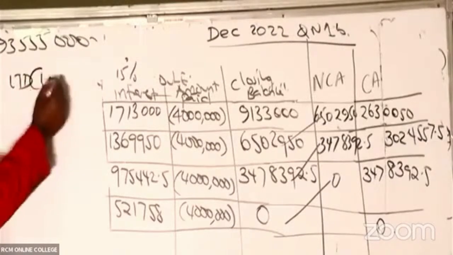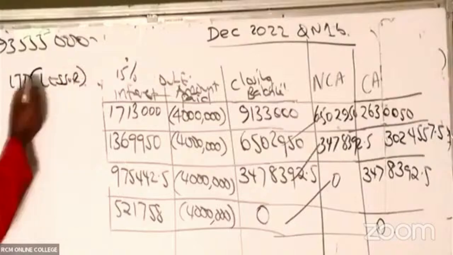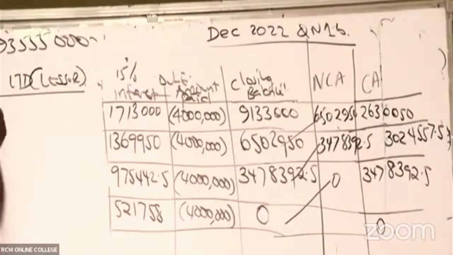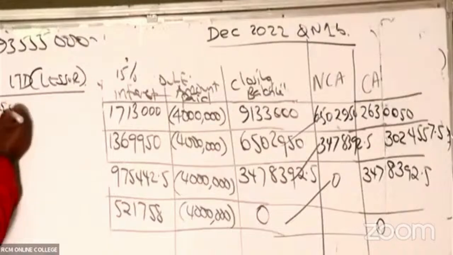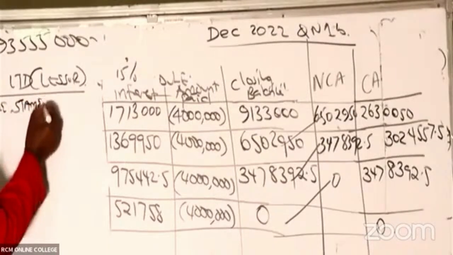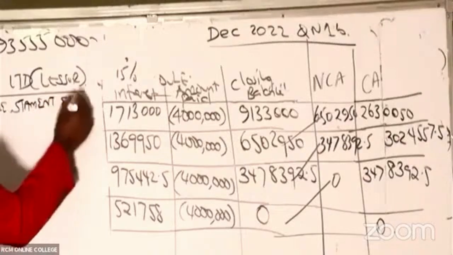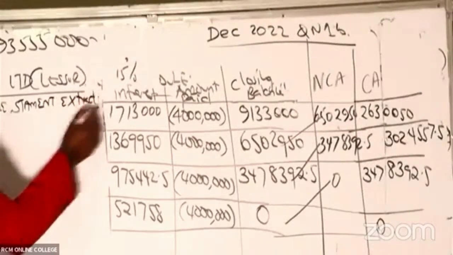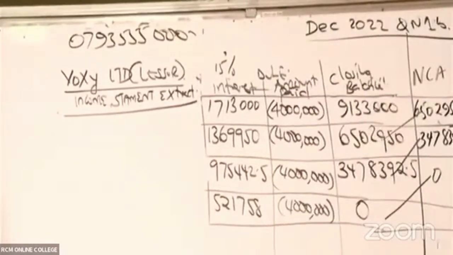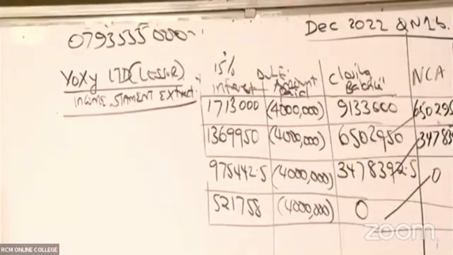The lessor. Income statement extract. So remember, we have our years.